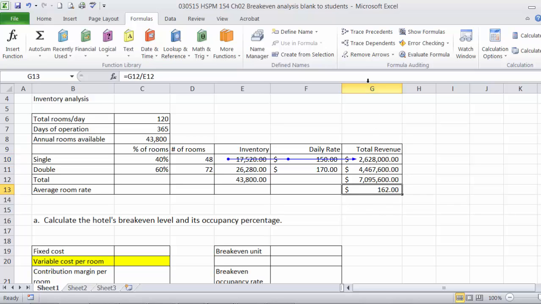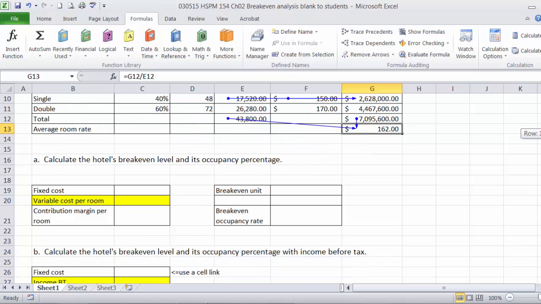For example, we can also trace this. So here, oh yeah, we use total revenue by total inventory. Okay. All right. Any questions? We have this basic.